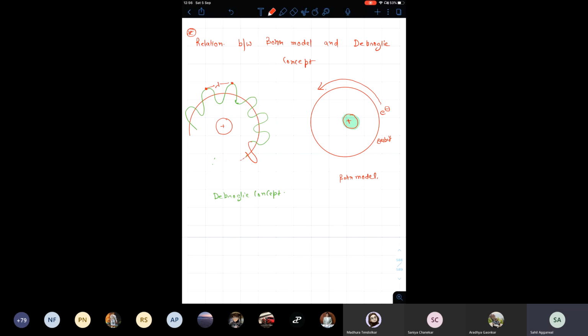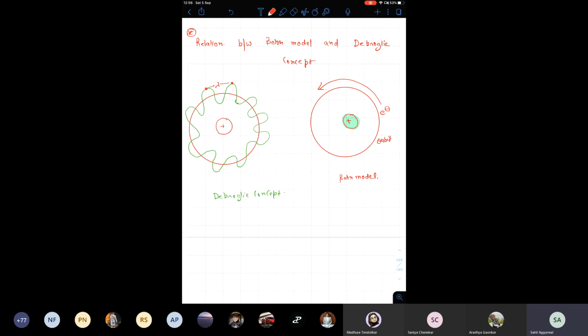Yes, his concept was true, but we will see in the Heisenberg principle that it is wrong. Okay, till now, the de Broglie concept is also true, and the Bohr concept is also true.